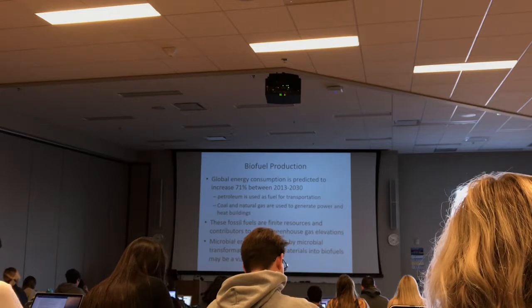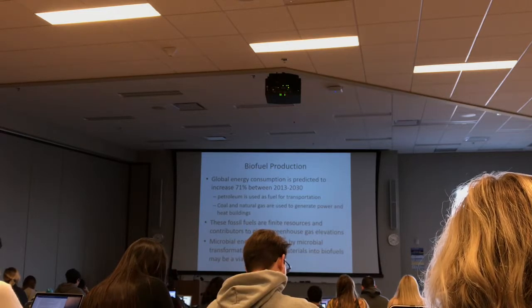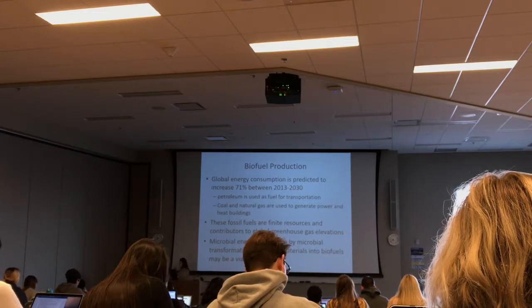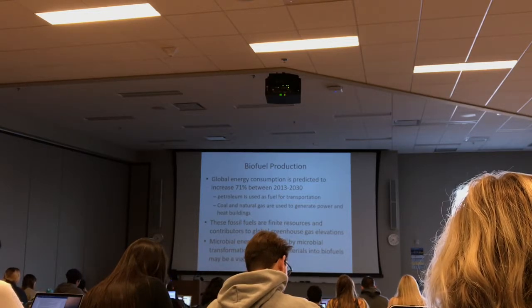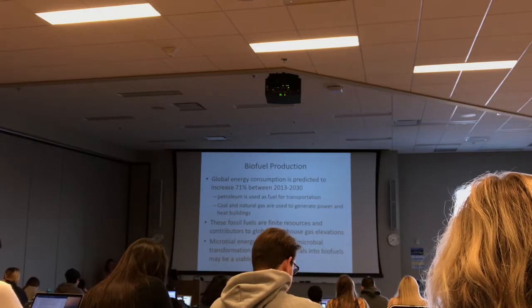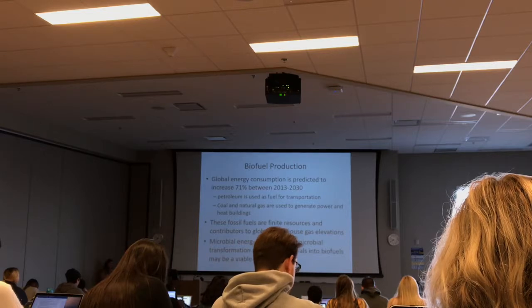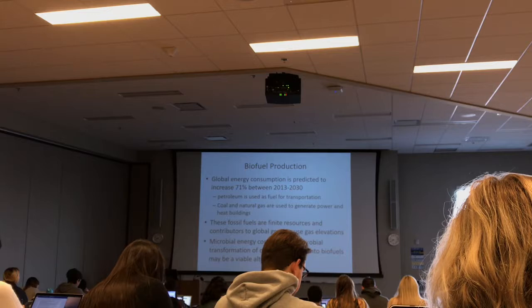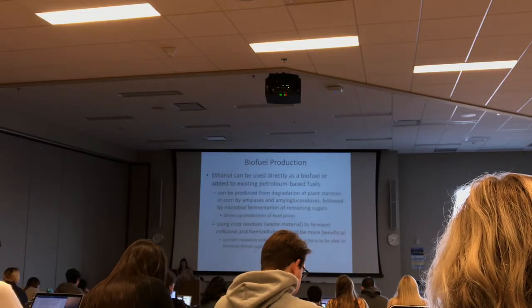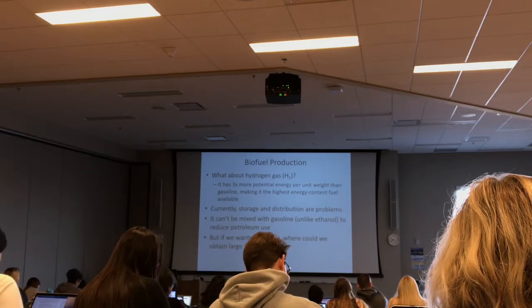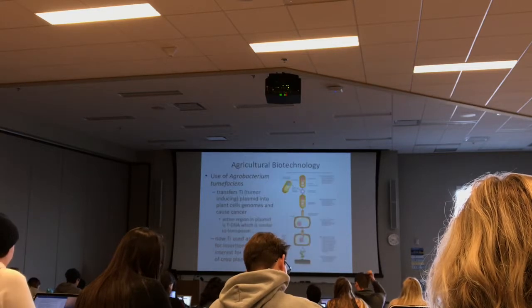Highly combustible, so transport and storage are challenging. But what are some advantages? Right, it's carbon neutral, very energy efficient, right? You get the biggest bang for your buck with hydrogen. So if you can list some disadvantages and advantages, you'll be in good shape.